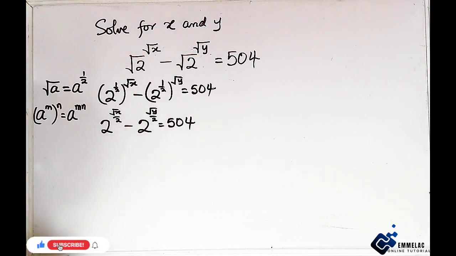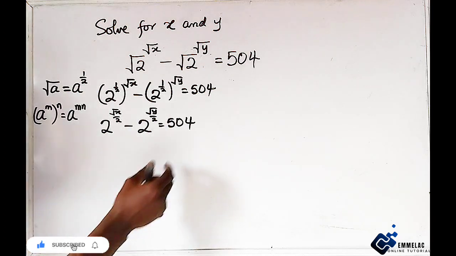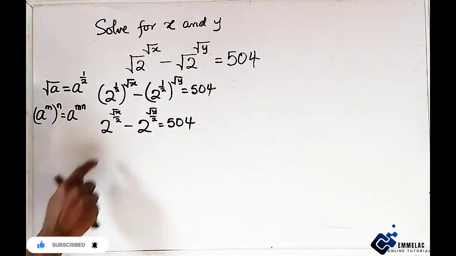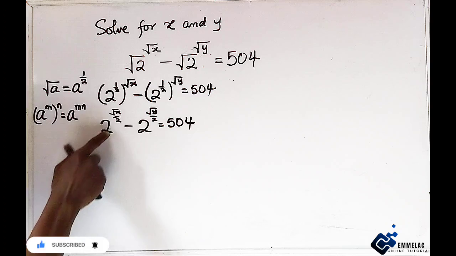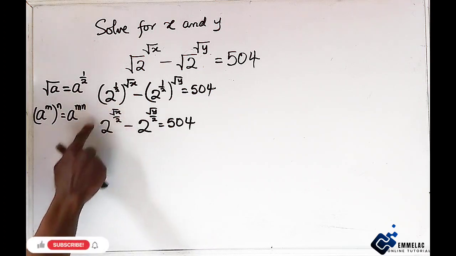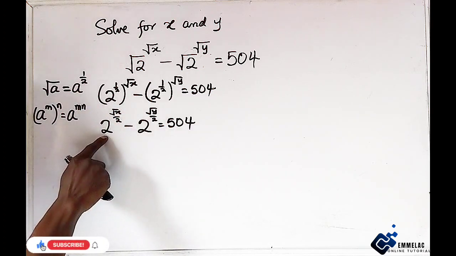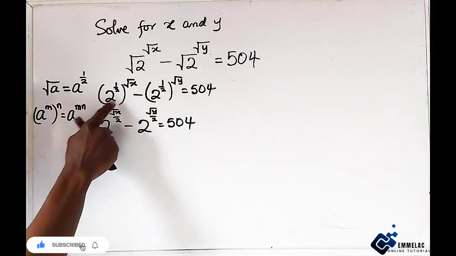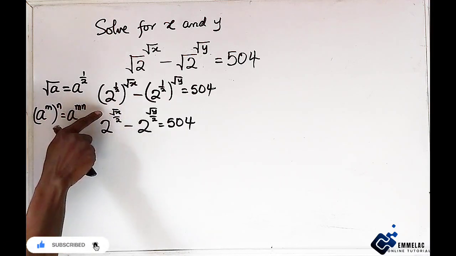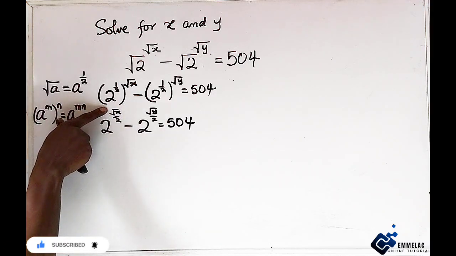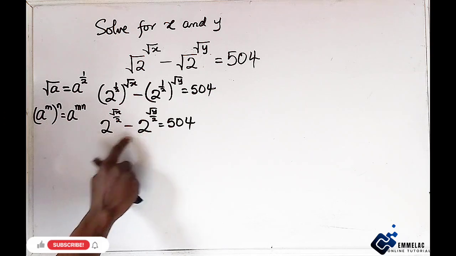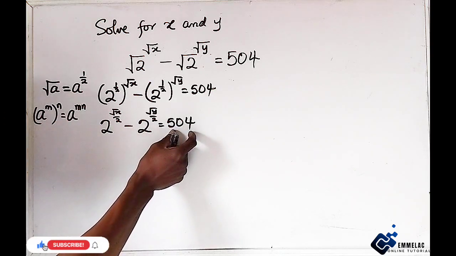The next step is to look at the right hand side, which is 504. This implies that this expression will have a base of 2, and whatever the exponent is, it is the square root divided by 2. Definitely the difference here should give us 504.